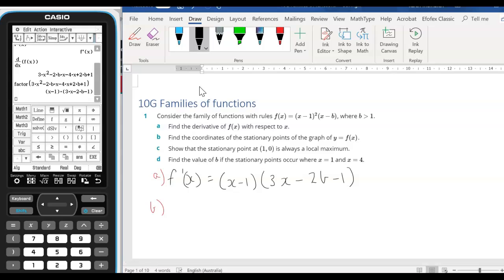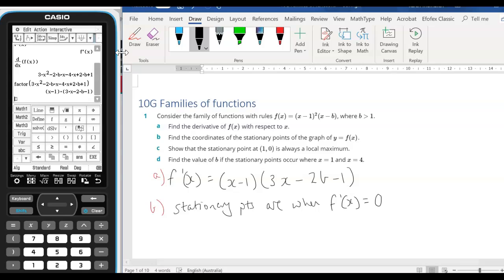You can always check your answers if you've got your calculator with you. Now question B: find the coordinates of the stationary points of the graph y equals f of x. Remember, your stationary points are when your derivative or gradient function is equal to 0.